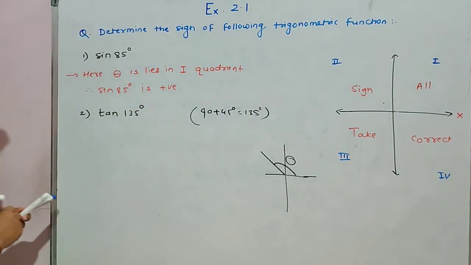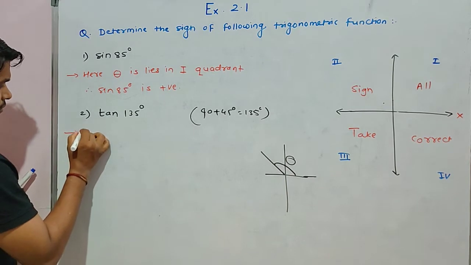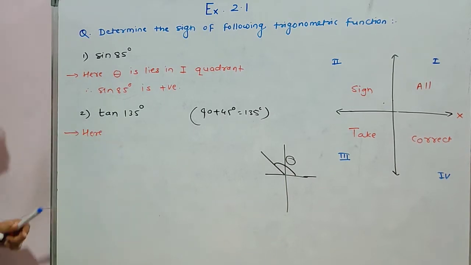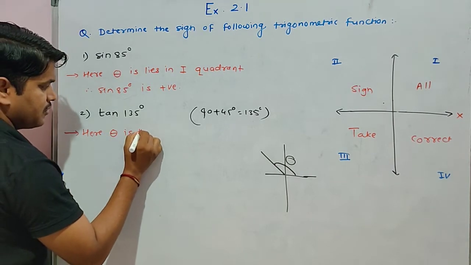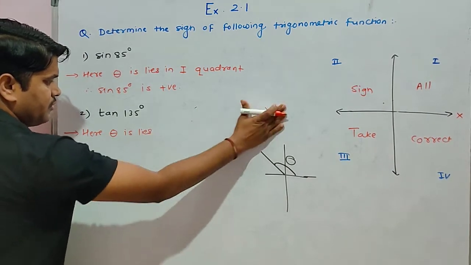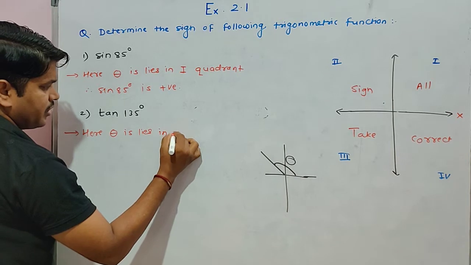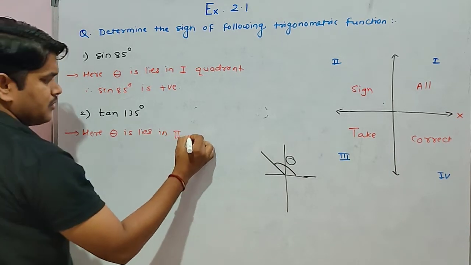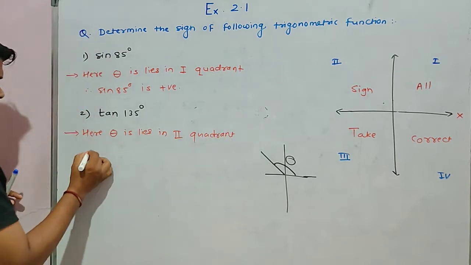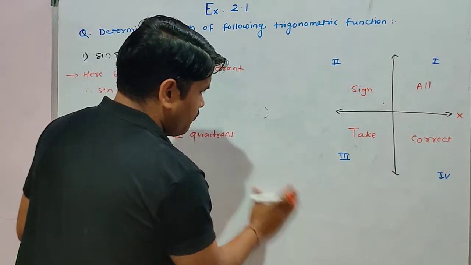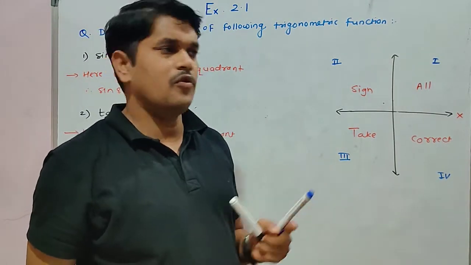So we can write here, theta lies in the second quadrant, and therefore in the second quadrant which trigonometric functions are positive?